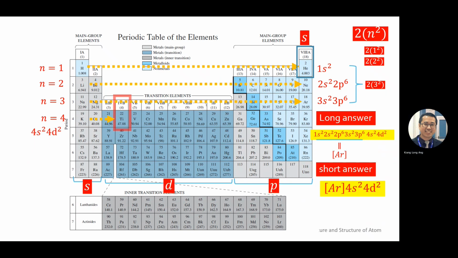Oxygen. So what you do, you can write helium, or you can just count. You can write 1s squared, and then you count this one, 2s, and then 1, 2, 3, 4, 2p4. This is the long answer, but the short answer you can write helium, then 2s squared, 2p4.